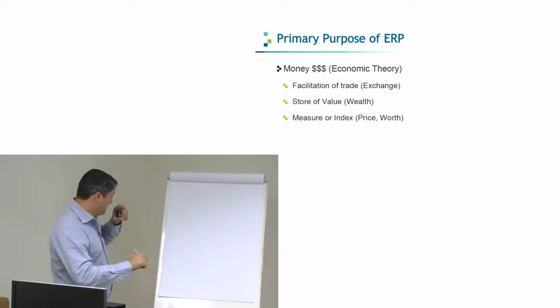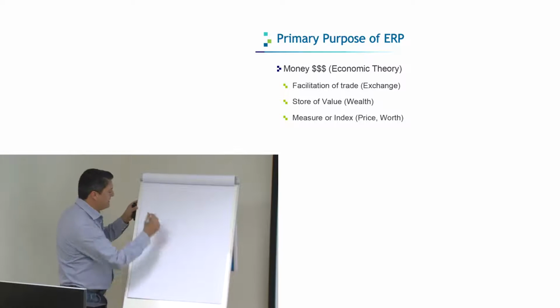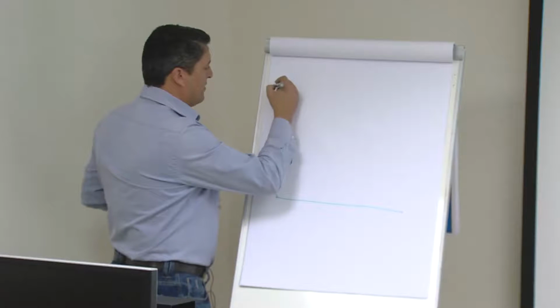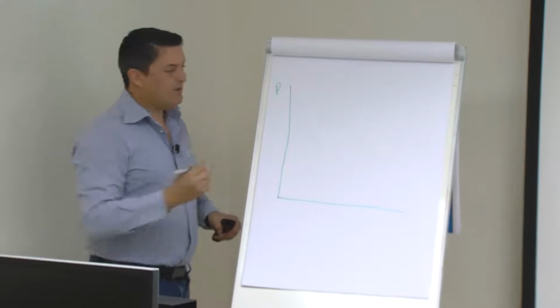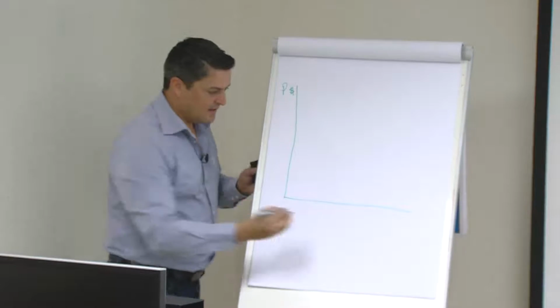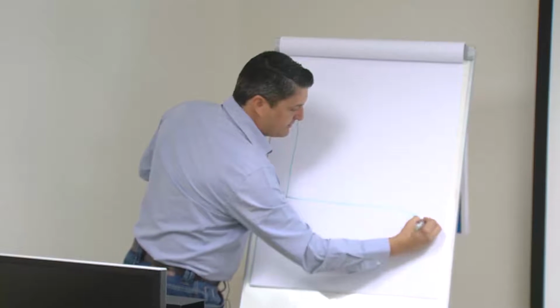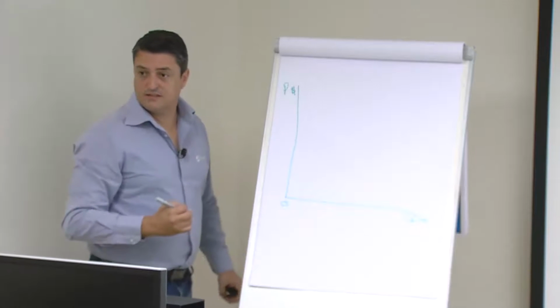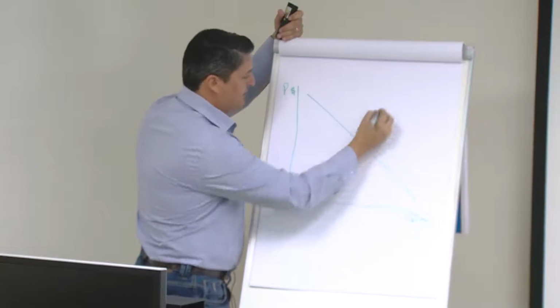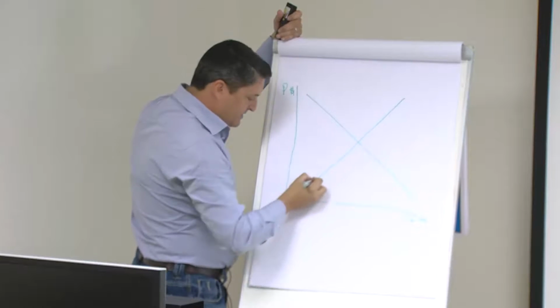So what I'm going to be showing you here very quickly is this graph. If this is the price of an item, and this is quantity, we're moving from 0. What I'm going to be very quickly drawing here is what happens in the marketplace.